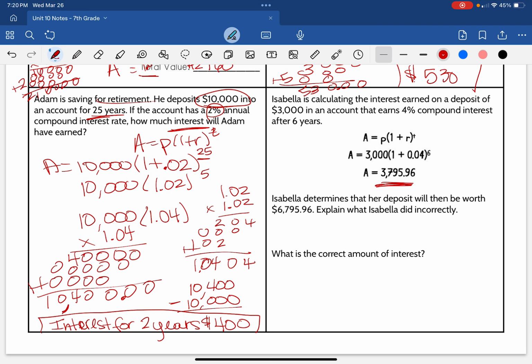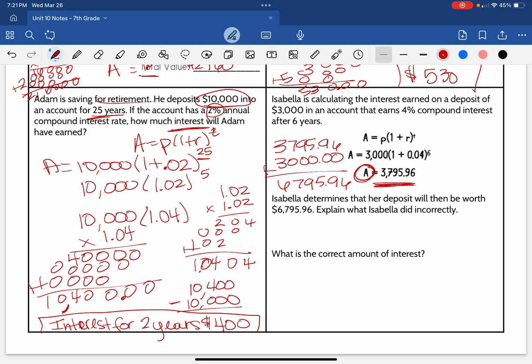So what she basically did, because remember, this is my total. This is what's going to be in there, including the interest. She treated this like a simple interest problem, and she added 3,795.96 and 3,000, thinking, well, that'll get me there. That's not right, though, because this was the actual total.